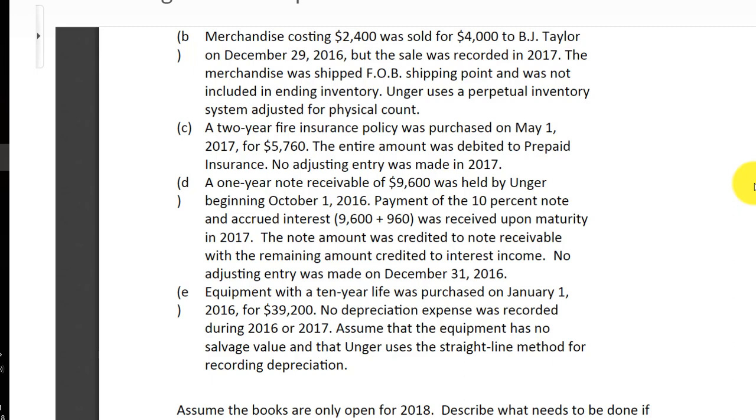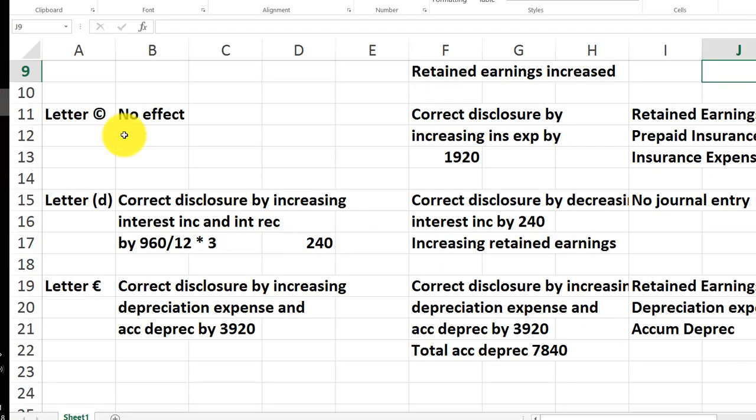So here's the problem. October, November, December of 2016, there was interest, and none of that was recorded. All of that interest was actually recorded in 2017. So both years need to be corrected, at least the disclosure.